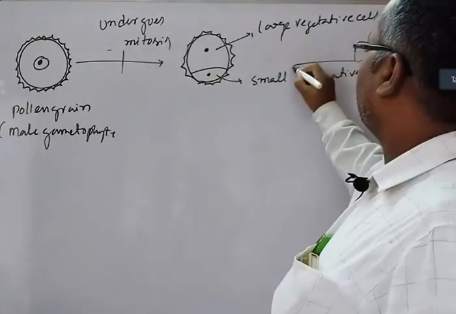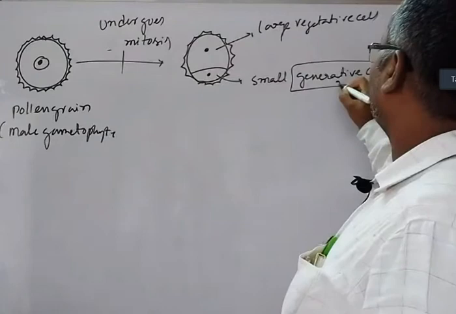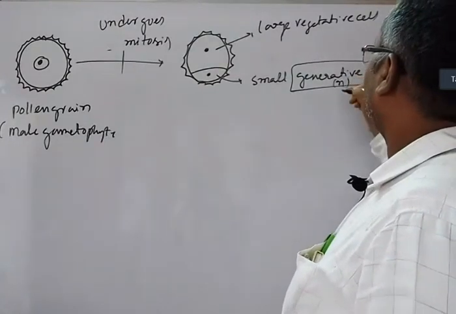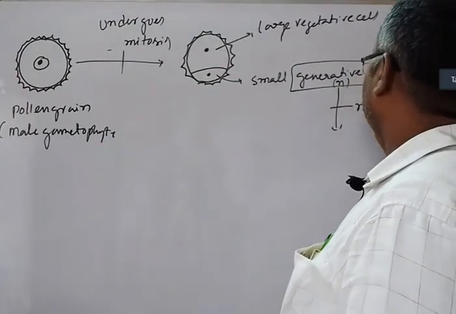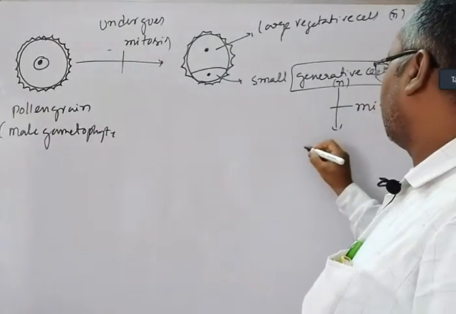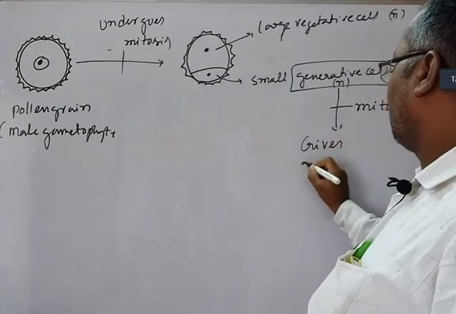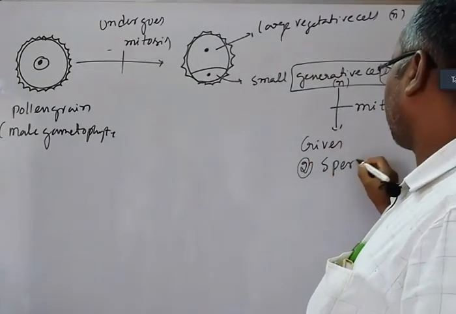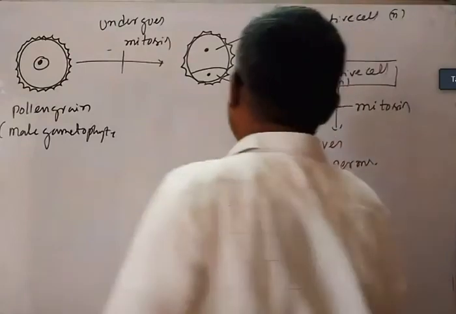This generative cell again undergoes mitosis and gives two sperms. Two sperms.